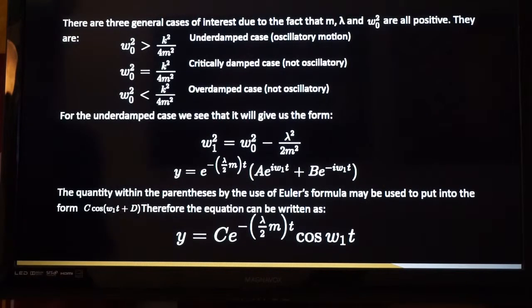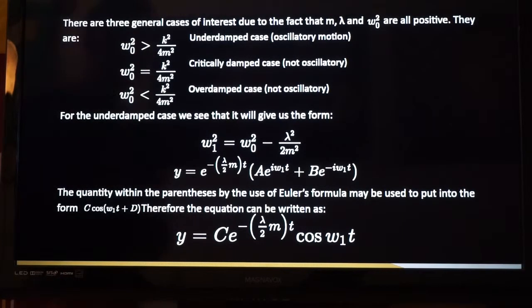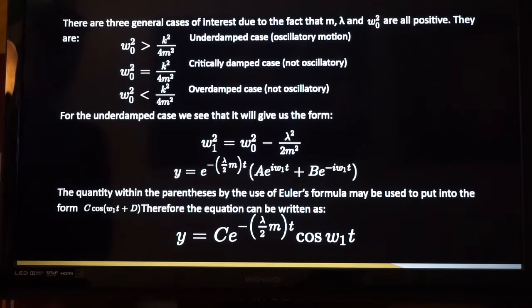Now, for the underdamped case, which is the case we'd like to use, it will give us the form. We will solve for w1 squared is equal to w sub 0 squared minus lambda squared over 4m squared. This can be substituted into the equation we had in the earlier slide at the bottom, which was our general solution. Now, the quantity within the parentheses can use Euler's formula, which may be used to put it into the form c times cosine of w1t plus a constant d.